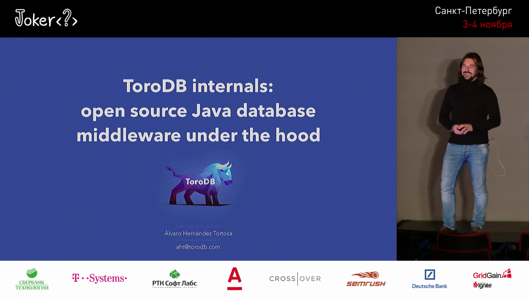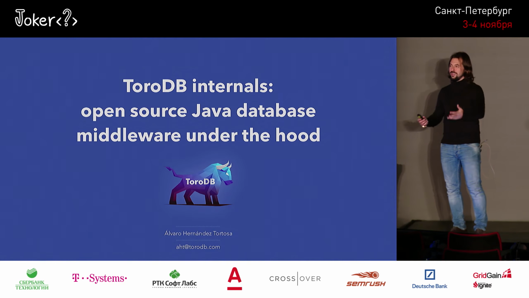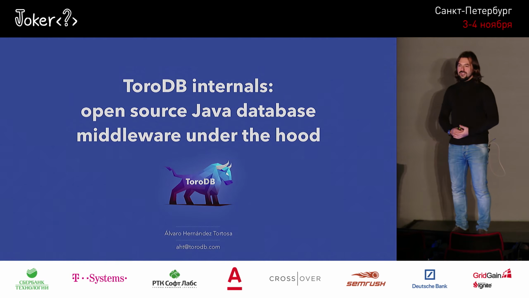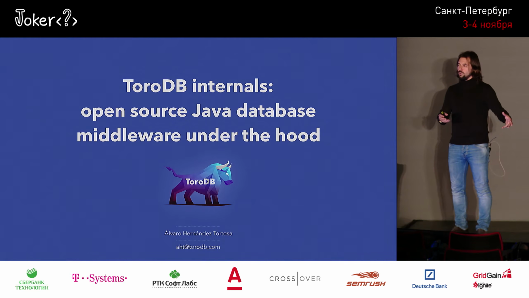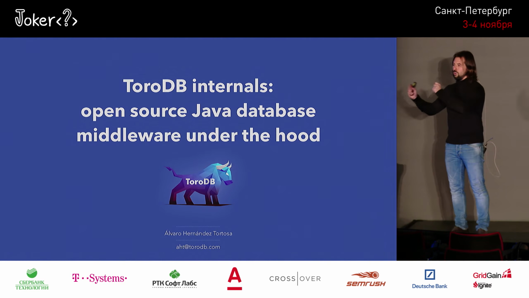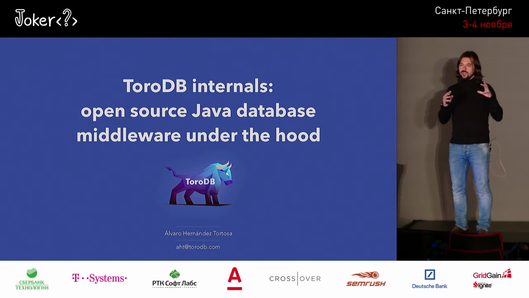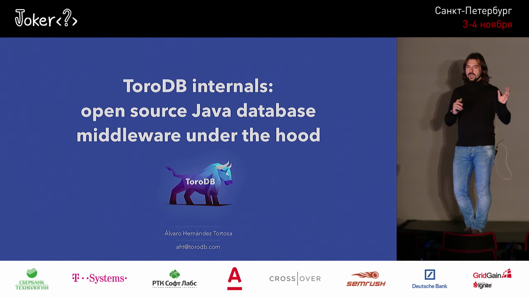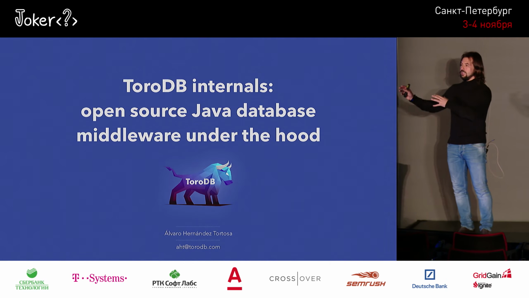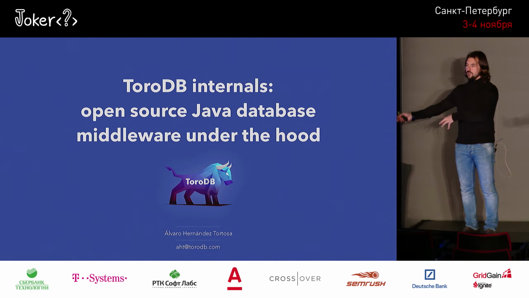Because if anything, what ToroDB does, and let me start with a quick introduction here, is to communicate both worlds, to be able to take data from the NoSQL world and put it into the SQL world. Basically, it takes any document, any collection, any database that you have on MongoDB, and brings it automatically to a relational database like Postgres.